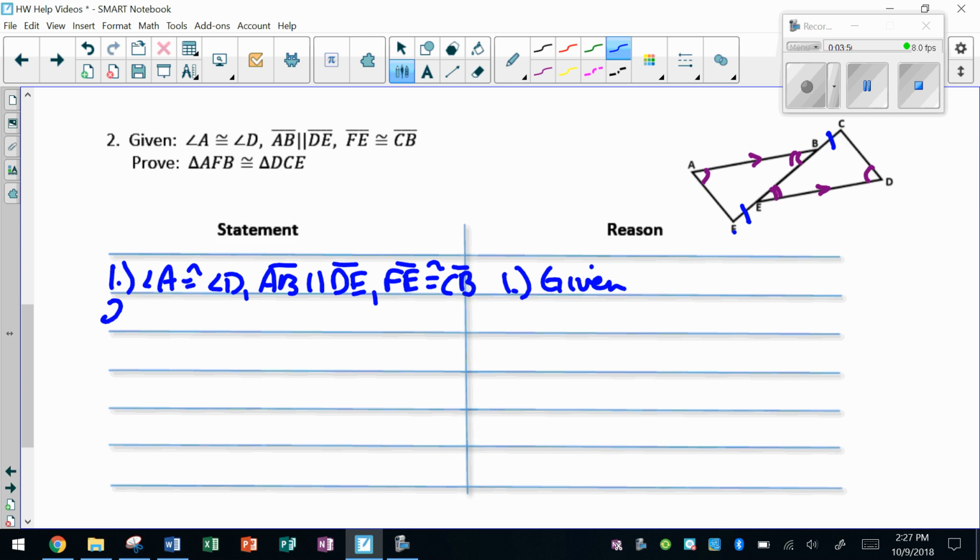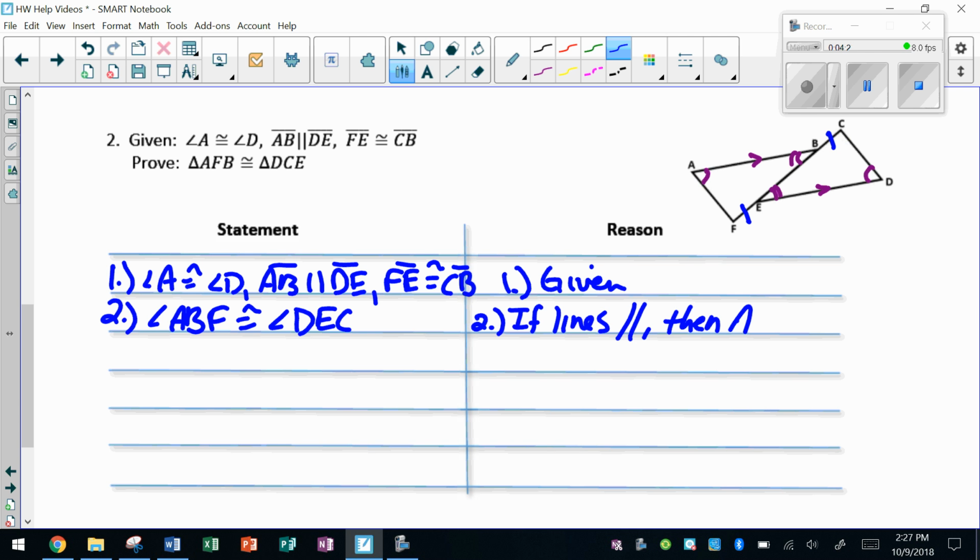In step 2, angle ABF is congruent to angle DEC, because if lines are parallel, then alternate interior angles are congruent. Now I'm going to begin the partition postulate series of steps.